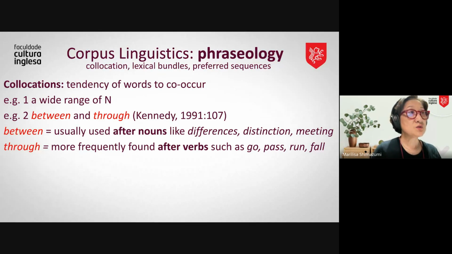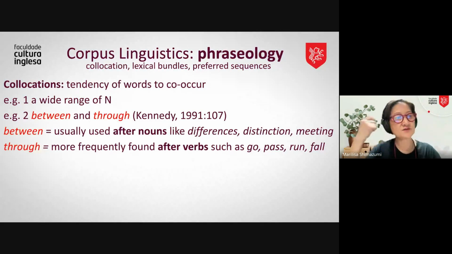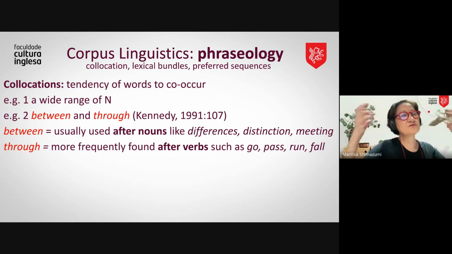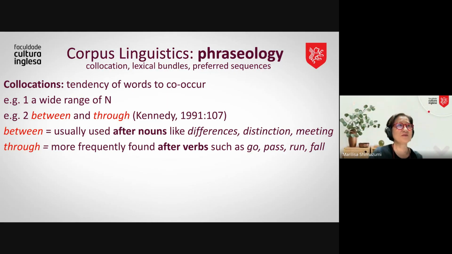Through is more frequently found after verbs. You go through a phase, you pass through a tunnel, you run through different hurdles, you fall through different dimensions. So this is interesting, and this is helpful to our learners.